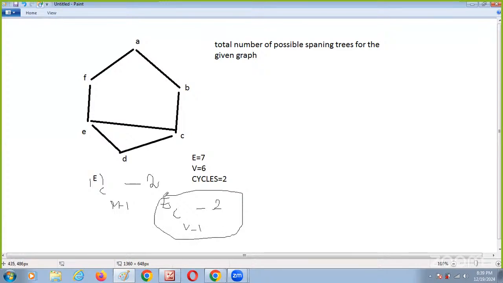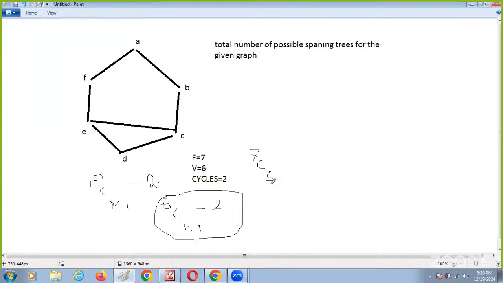Substitute all the values. What is the value? E value is 7 and number of vertices are how many? 6. 6 minus 1 is 5. So 7C5. 7C5 is equal to 7C2.